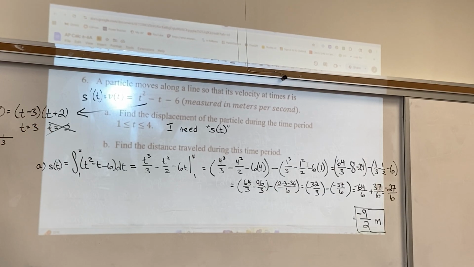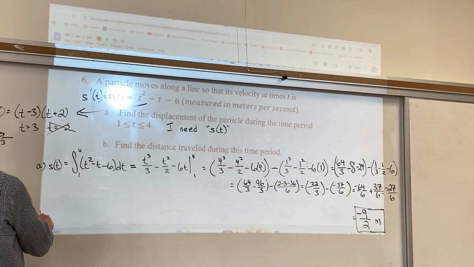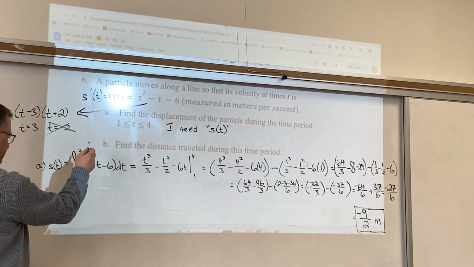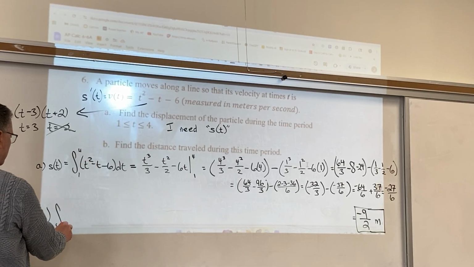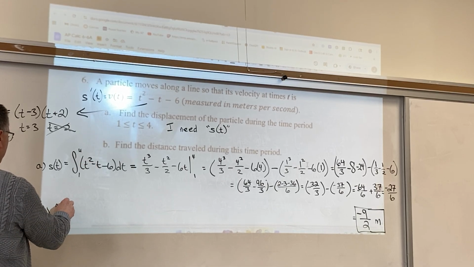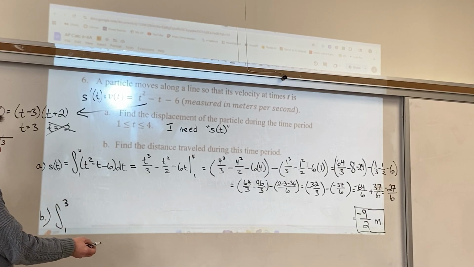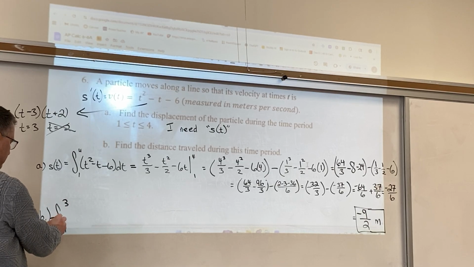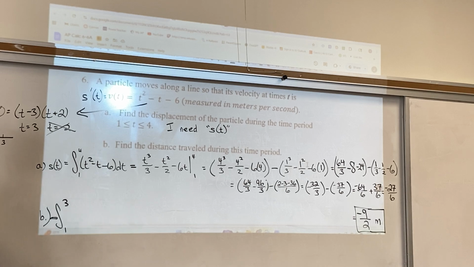That's the part I have to add back in. So you do each from 1 to 3, then 3 to 4. Now I can't just change one of these. I have to do the integral from 1 to 3, which I know is gonna be a negative.